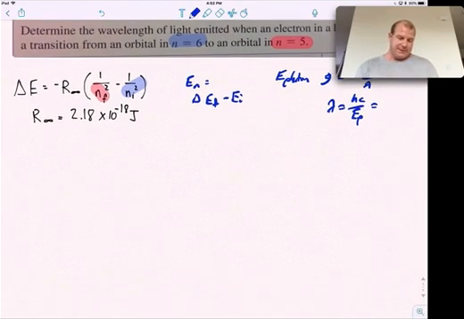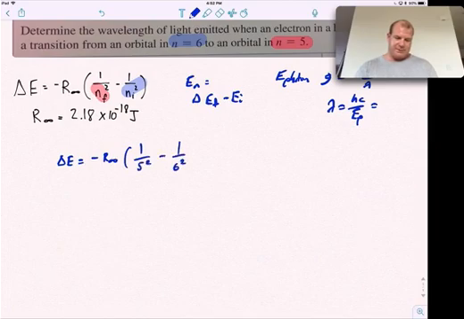Okay, so let's do this. Delta E is equal to the Rydberg constant times 1 over 5 squared minus 1 over 6 squared. And then that's going to be our E, and we put it into here.